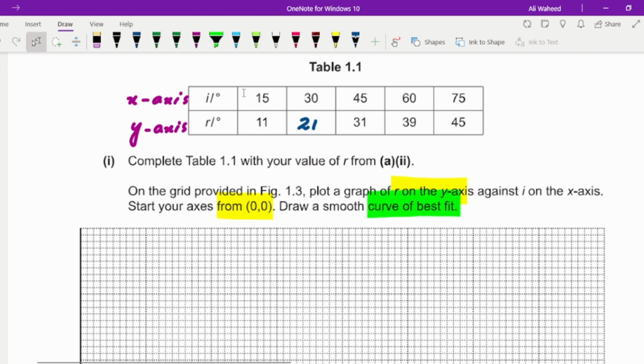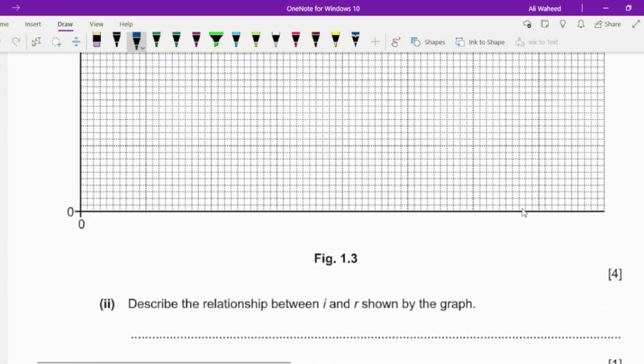We have the first mark for just representing the axes. If you know nothing about the graph, forget it, just represent the axes, you get 1 mark. So angle of incidence on the x-axis, and that is measured in degrees.